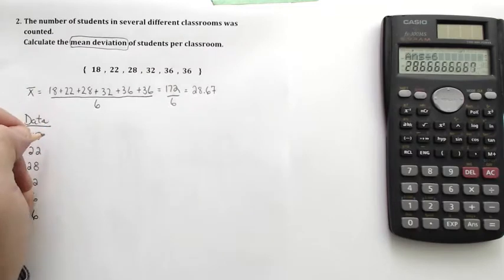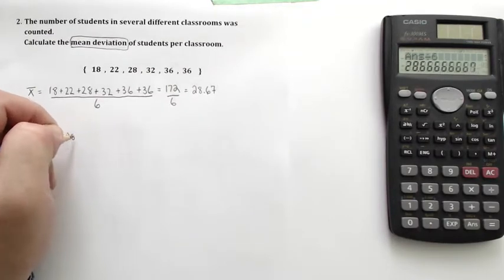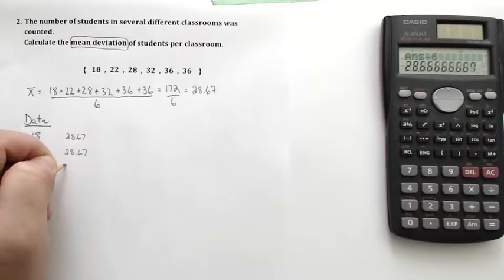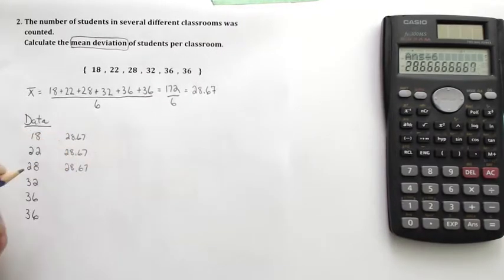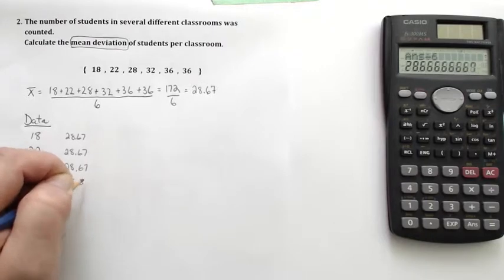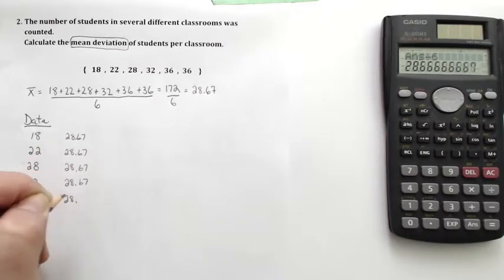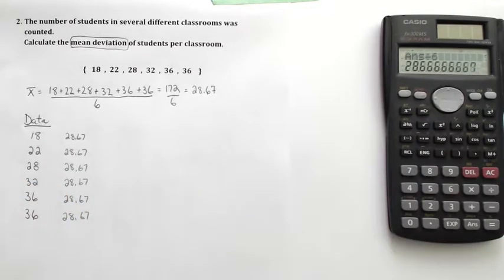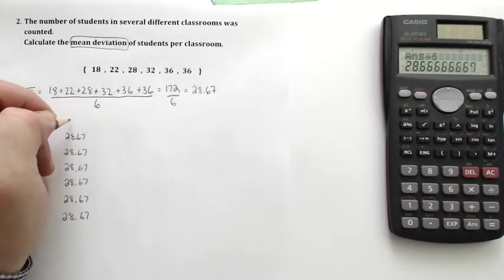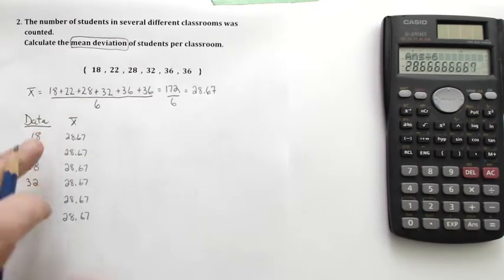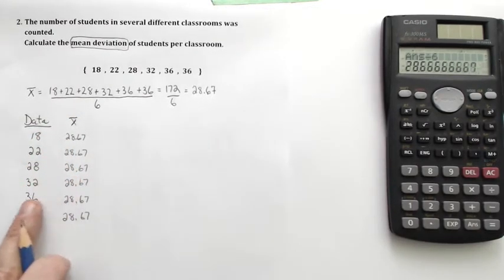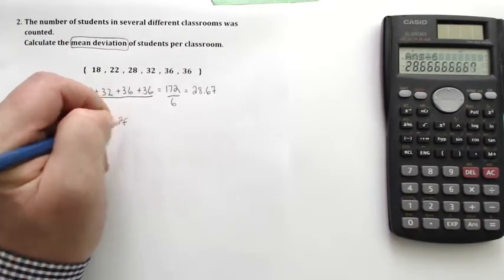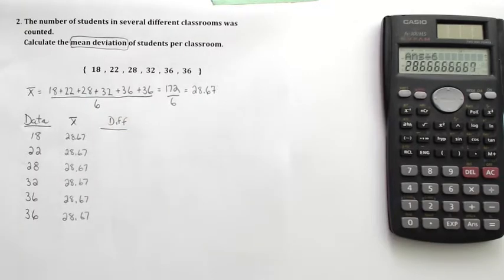And we're going to write that average, 28.67, next to each one of those. Yes, I know, it's a little bit tedious, but what it really does nicely is it shows you each of those subtractions that you're going to have to do next.